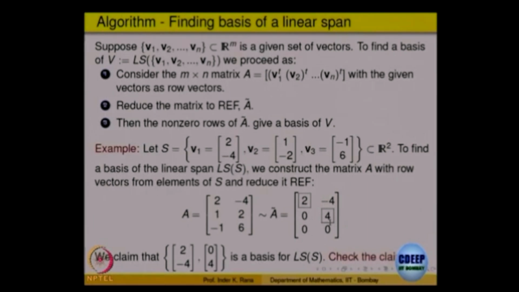So the two methods both require reducing the matrix to row echelon form. When you write the vectors as columns, the pivotal columns picked up from the original matrix are linearly independent. When you write them as row vectors, the non-zero rows in the row echelon form are linearly independent. In the first one, the advantage is you are getting a subset of the original vectors which is linearly independent.